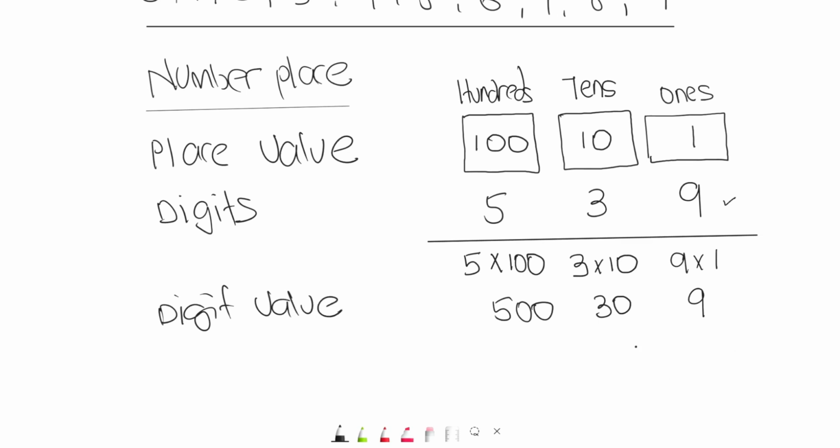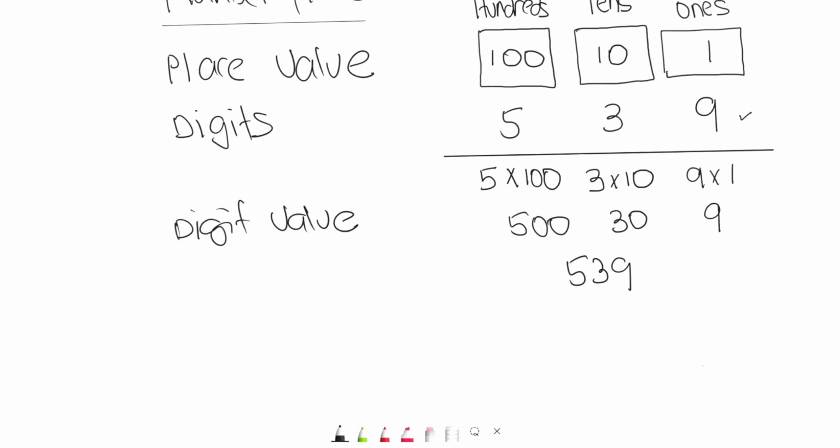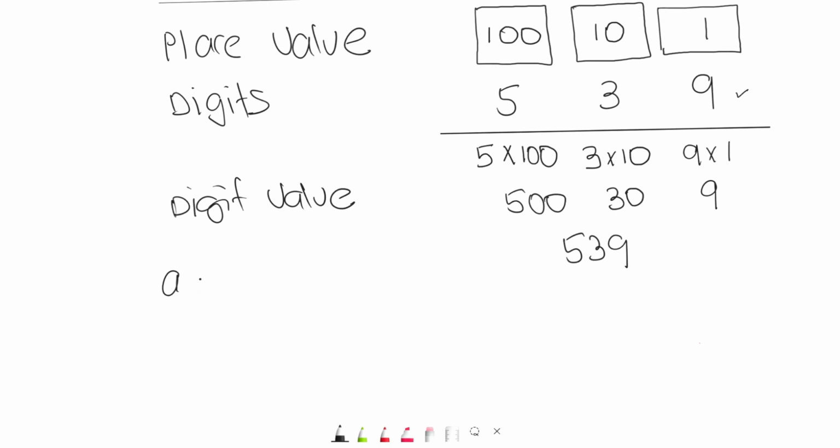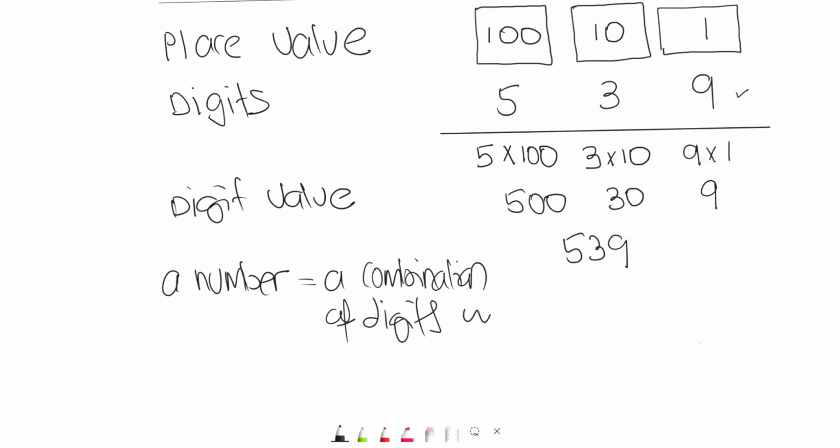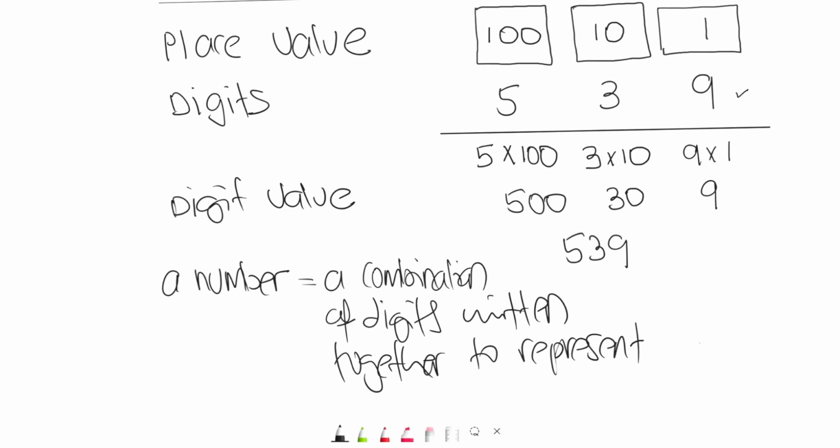When you put together all these things, you get a number. So what is a number? A number, very loosely explained, simply means a combination of digits written together to represent a value.